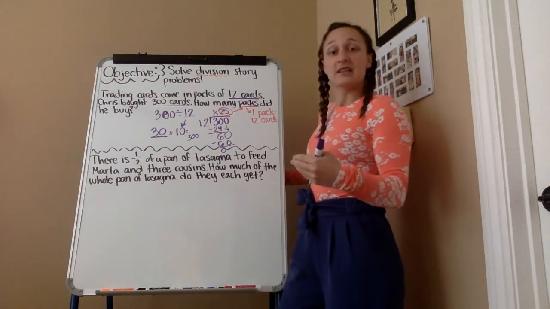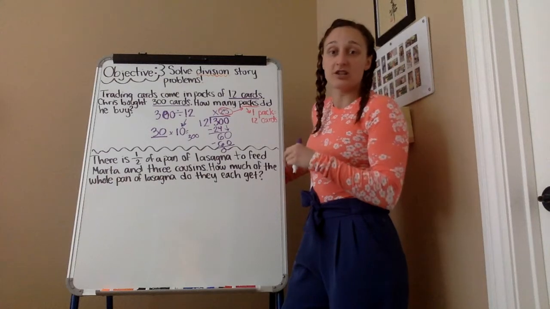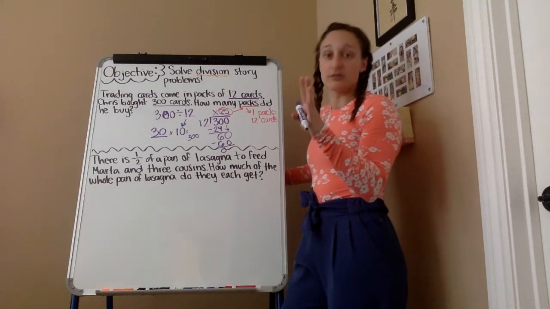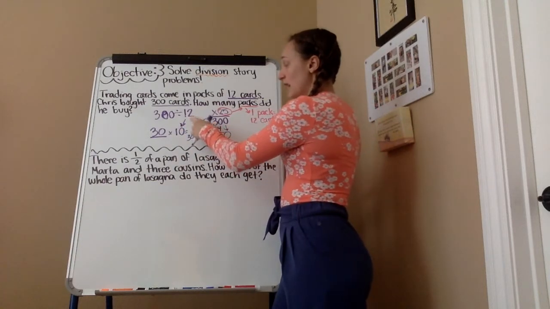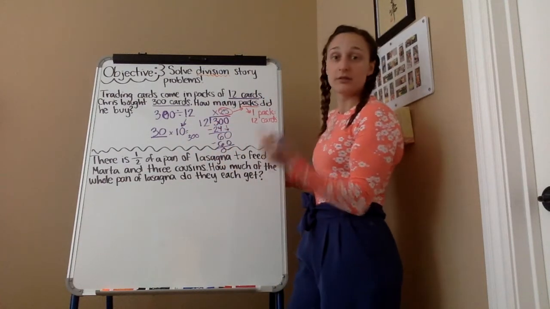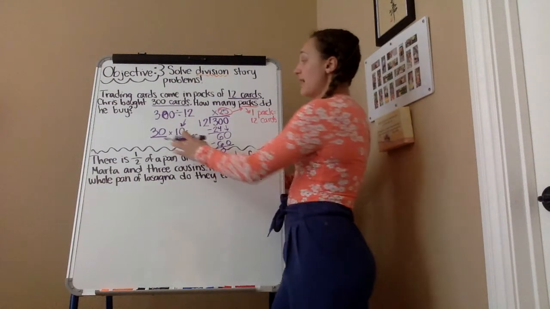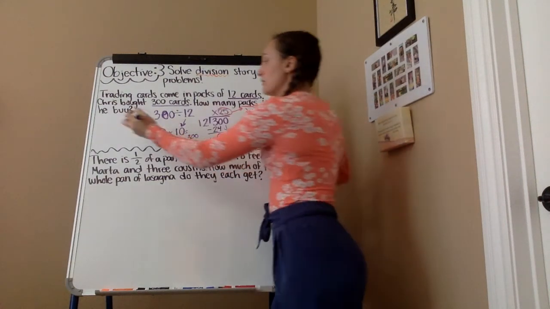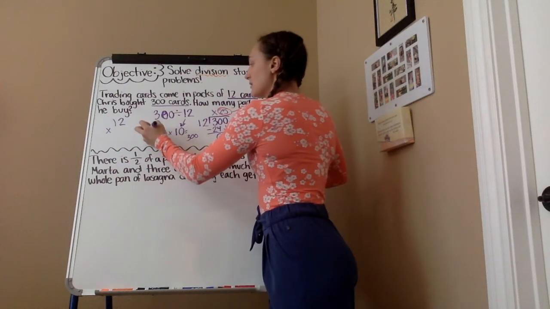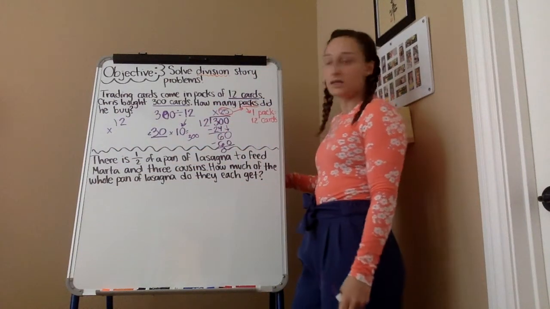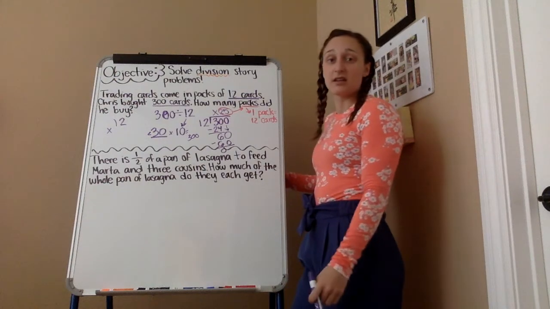This is just a base to figure out guess and check multiplication in the case that you can't do long division. So I know that since I rounded down from 12 to 10, I have to multiply 12 times something that's less than 30. And so you just guess and check.